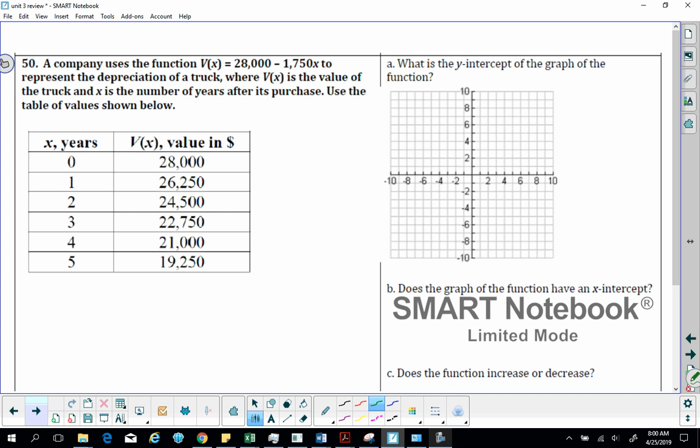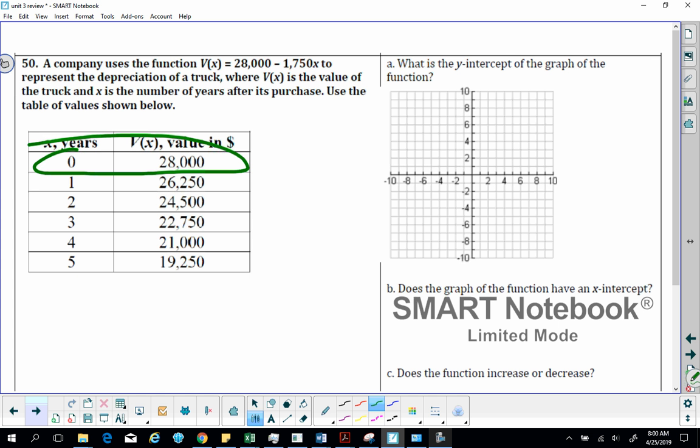Anyone get the y-intercept? Oh, 28,000, right? It's when your x is 0. Oh, why can I never remember my y-intercept? So that first one, where's the y-intercept? 0, 28,000. You didn't need to graph it. It represents your initial value of the car.